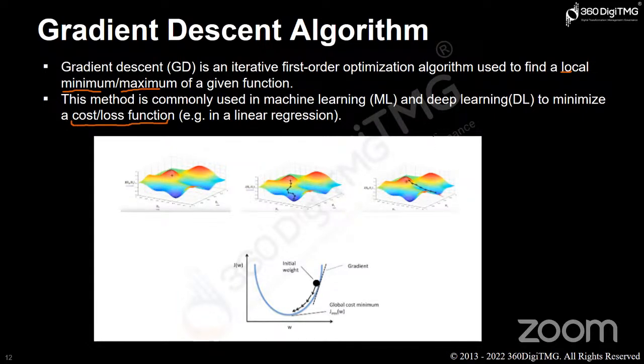Minima is the minimum value, where the function is at its lowest value. And maxima is when the function is at its highest value. So we use gradient descent to figure out the minima and the maxima. And using these, we can figure out what sort of error we are getting. So we try to minimize this error. All right. So moving forward.